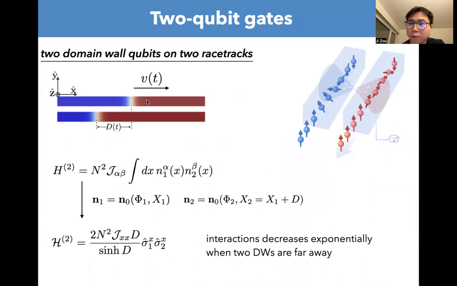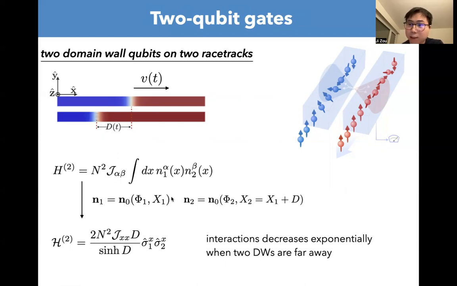Imagine we have a magnetic domain wall in this upper racetrack with azimuthal angle phi1 and position x1. Now let us assume that the azimuthal angle of the domain wall in the second racetrack is phi2, and their distance is denoted as this capital D, which is a function of time in general.